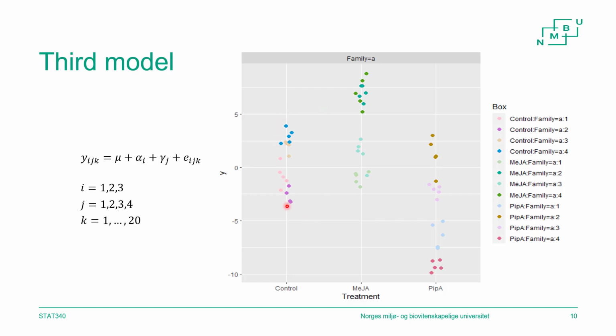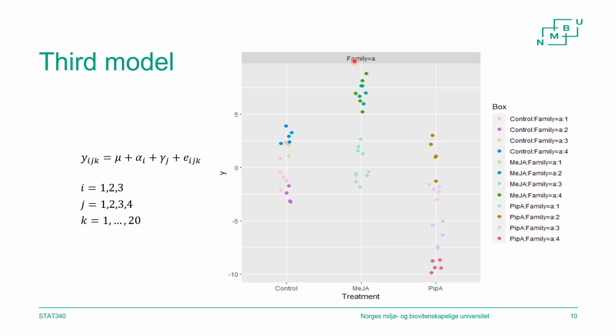And then we can actually see that this is not random at all. The plants that come from the same box, having the same color, are clearly different from the plants coming from other boxes, even within the same treatment and family.